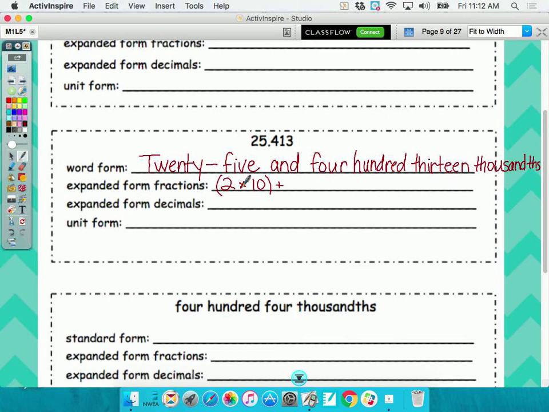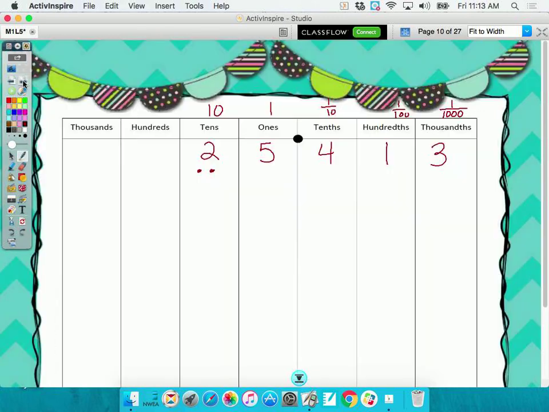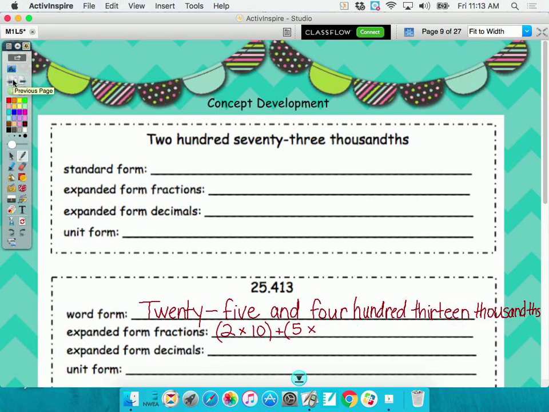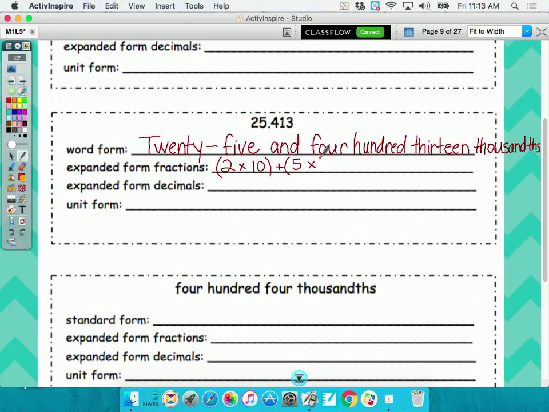And what digit is next? 5 copies of the 100? No. 5 copies of one. Should we go look real quick? Yes, 1. See why it helps to put it on the place value chart? So 5 copies of 1 plus, now don't say it, just think it.